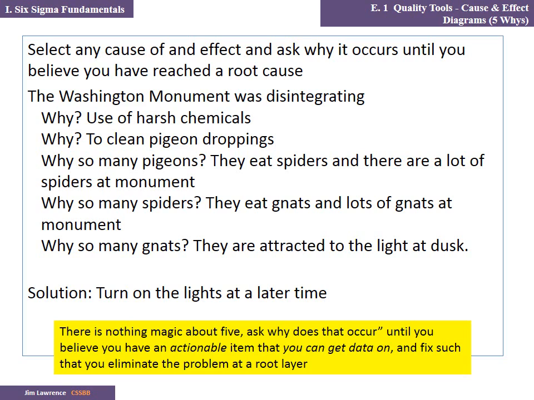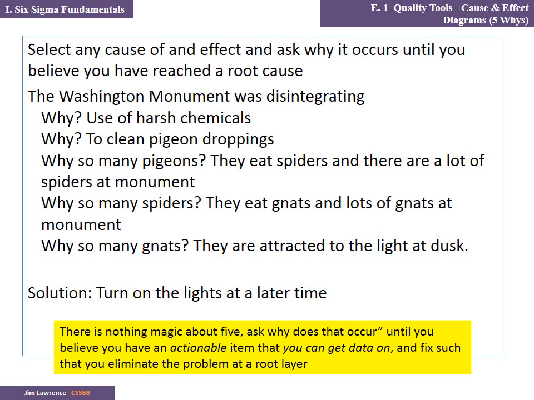Five whys are fairly straightforward. You select any cause and effect and ask why it occurs until you believe you've reached a root cause. This is a fairly famous example of the 5 whys. The Washington Monument was disintegrating, was the problem. It was the use of harsh chemicals, and you could keep asking why until you got down to the point where you found that really the root cause was gnats.